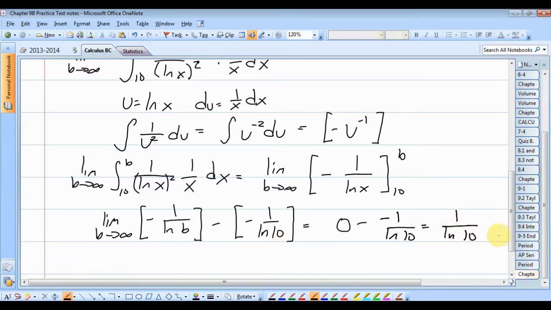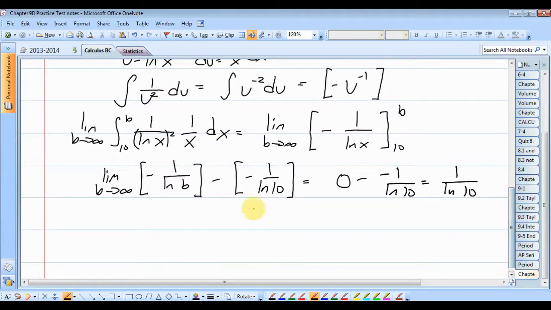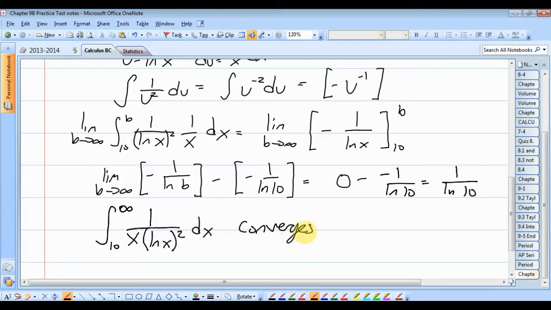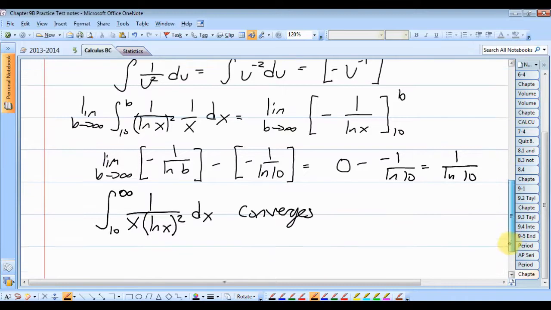Does this integral converge? Yes. How do I know it converges? Because I get a number. Very nice. Converges. Doesn't matter what it converges to.